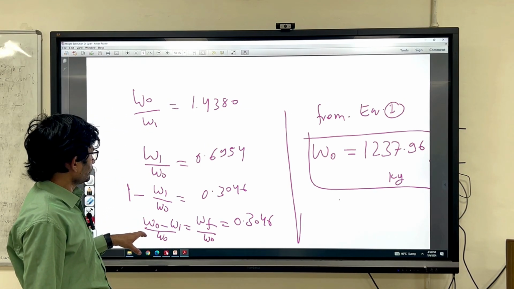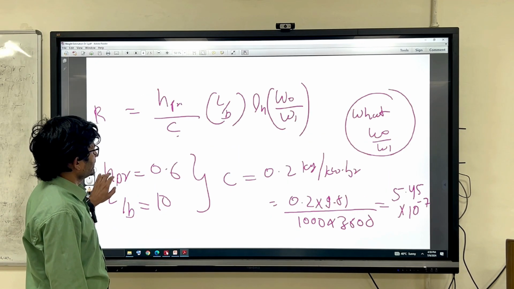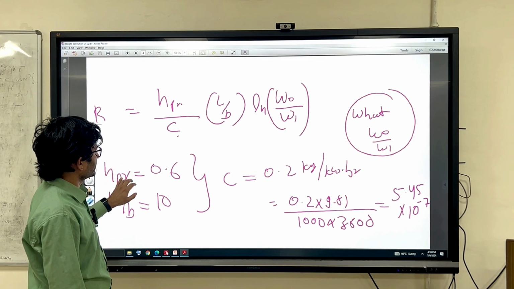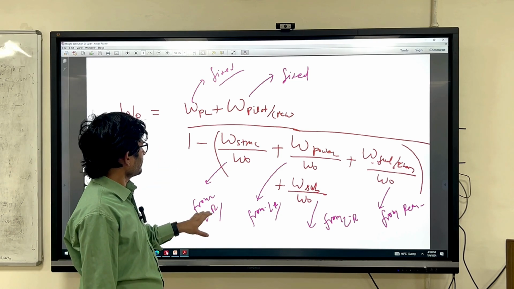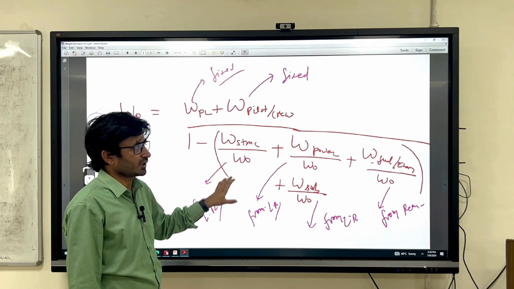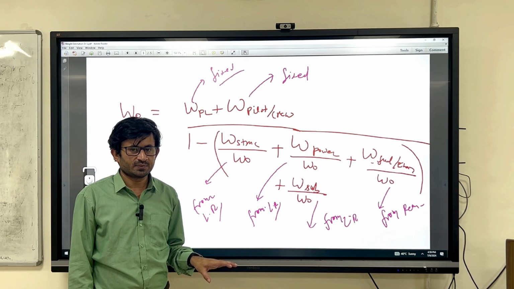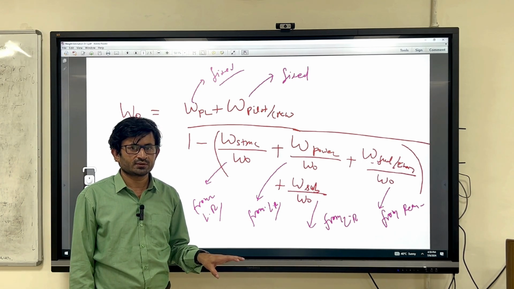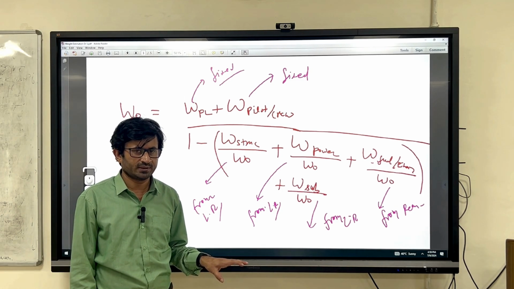Now if you substitute this 0.3046 value in the expression which we have derived here, you will get the total takeoff weight. From the historical data, we will take W structure by W naught as 30%. It is a very conservative number. If you go beyond 30% or 35%, it is not recommended.